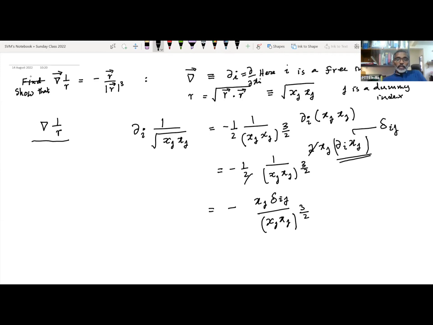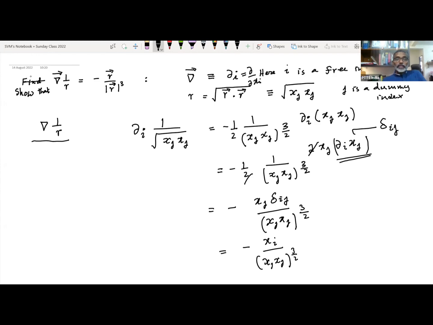But what is xj delta ij? j is dummy, right? So that means you have to sum over j. If you sum over j, only when j equal to i, it will survive. Rest of the terms will be zero. That means you have this one to be minus xi divided by xj to the power 3.